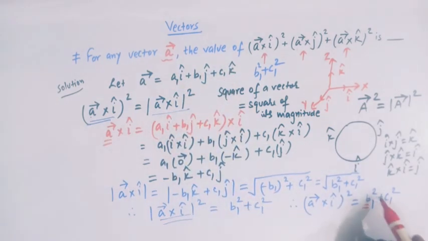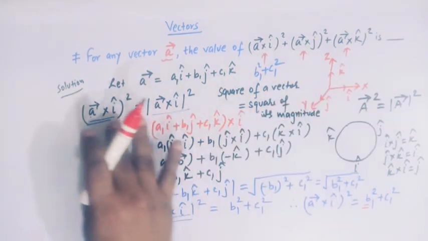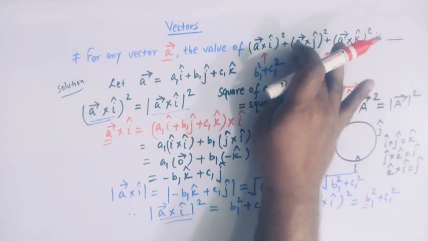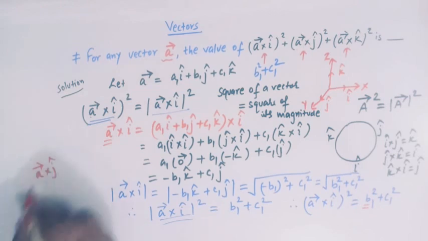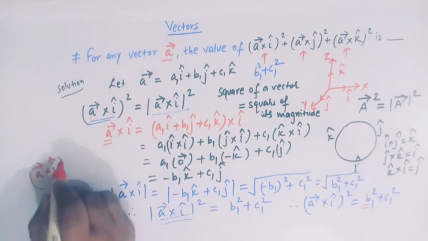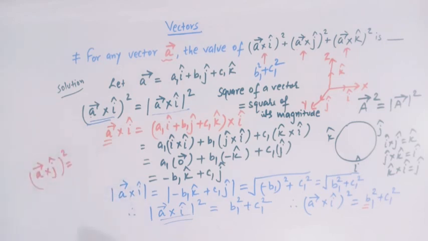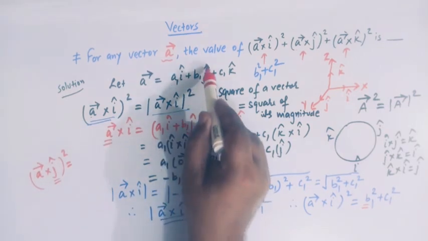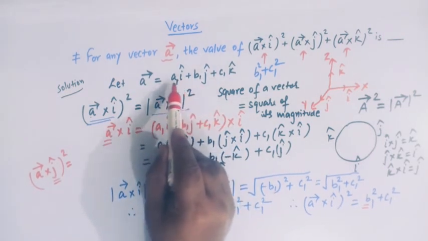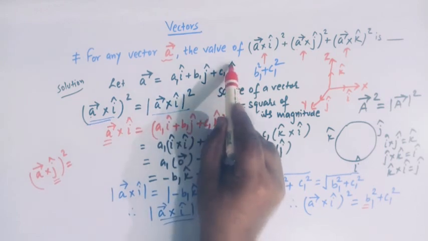So here we have B1 square plus C1 square. Similarly, if we follow the same steps, then we'll find that vector A cross j cap square is equal to, because here we have j cap, so we have to consider only i cap and k cap, right?